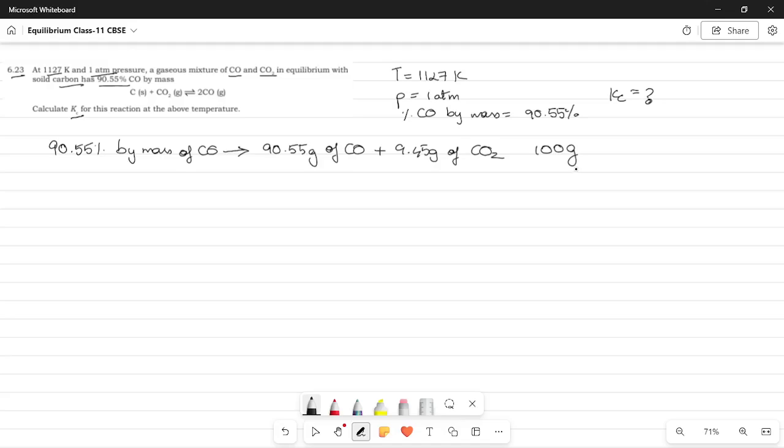Now from here, we can calculate the number of moles of carbon monoxide and carbon dioxide. So number of moles of carbon monoxide will be equal to mass by molar mass, right? So 90.55 divided by the mass of carbon monoxide, which is 28, that is 12 plus 16.